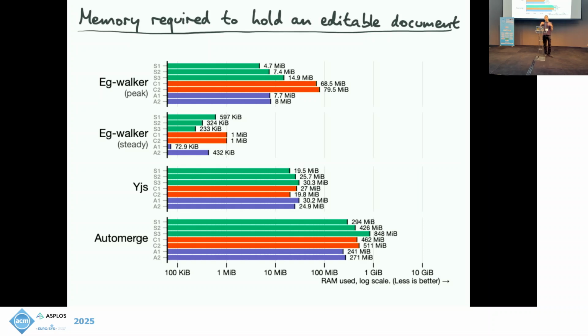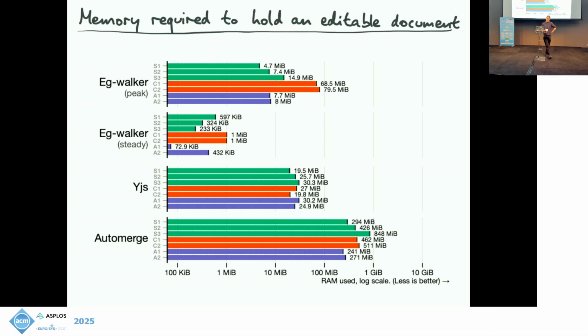And then as soon as that merging process is completed, Egg-Walker is able to free a bunch of memory. And while a document is just being edited locally by a user, what applies is this steady-state memory consumption. So most of the time we're in this steady-state memory consumption, and just occasionally, if there's a big merge, then we go to this peak memory consumption shown here.